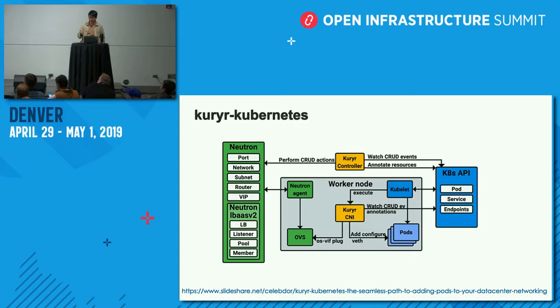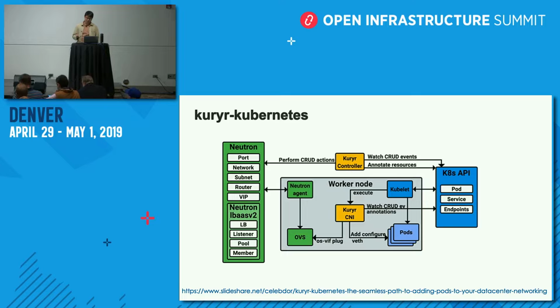The first one is Kuryr Controller. Kuryr Controller will watch the Kubernetes API server whenever there are changes about pods, services, and endpoints. It will create, update, or delete corresponding Neutron resources by using OpenStack Neutron's REST API. OpenStack Neutron, on the other hand, might add some information to Kubernetes resources, for example, allocating an IP address for a Kubernetes pod.